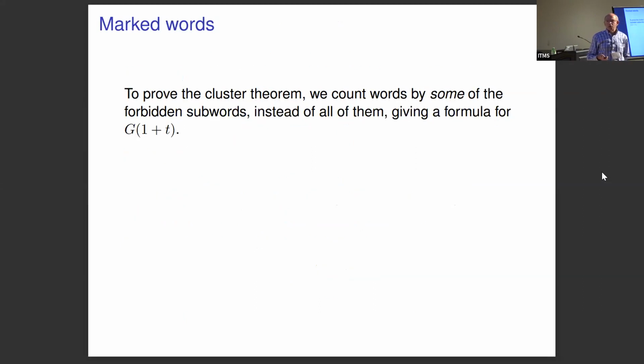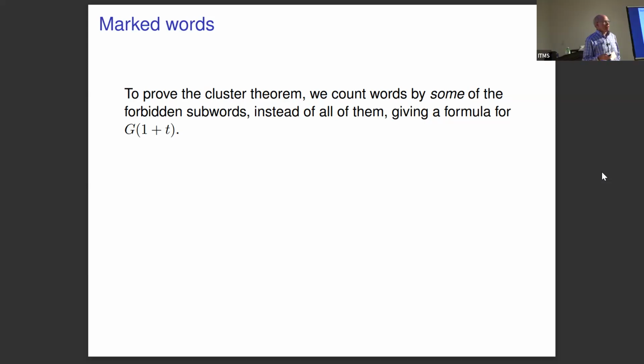Okay, so the way that we prove the cluster theorem is, rather than counting words by forbidden subwords, we count them by some of the forbidden subwords. It turns out to be much easier to pick out some of the forbidden subwords of a word, mark them, and count those things.